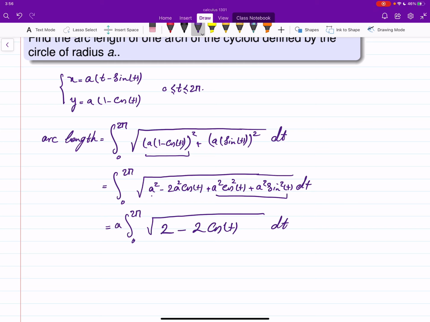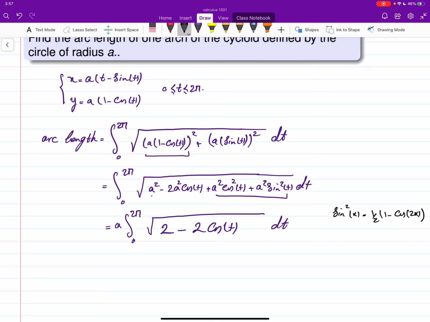Yes, so remember that. So we have now this integral. We have to find it. Remember the half angle formula that we have, like for sine squared alpha, this is half of 1 minus cosine 2 alpha.